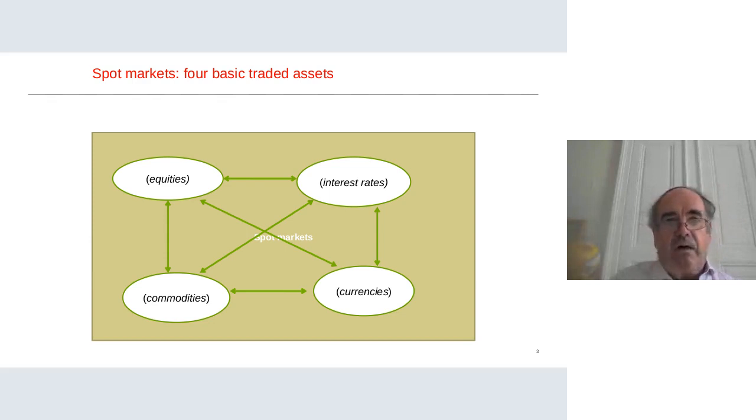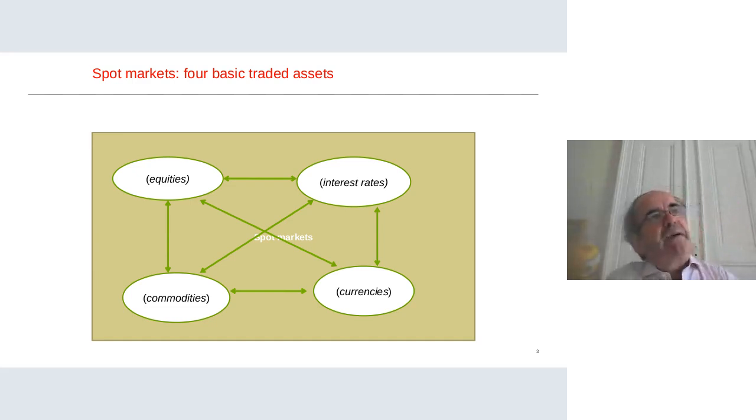And here we are on the spot. That's very easy. If you want to buy wheat for preparing your cakes, you buy wheat from a farmer, you pay immediately, and you receive immediately the wheat, and you go home for preparing your cakes, and you send me your cakes because I love cakes. Okay, so you have a spot market.